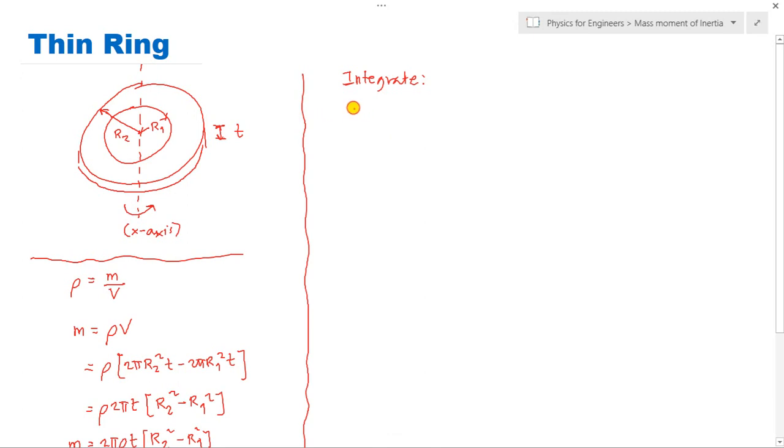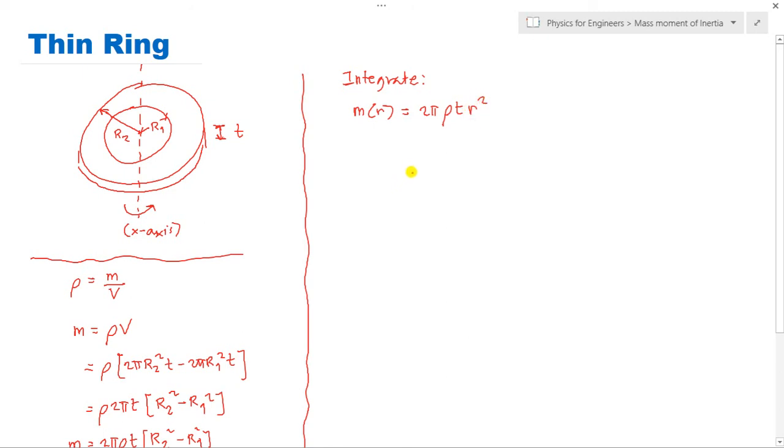We say that m as a function of r is equal to the density, that is 2 pi rho t, as a function of r since it varies, so that is 2 pi rho t r squared.